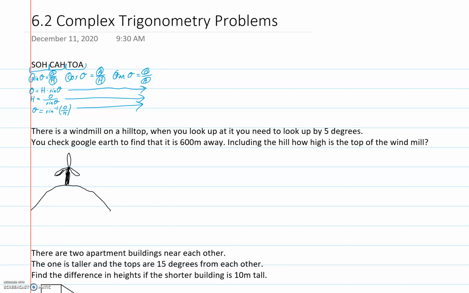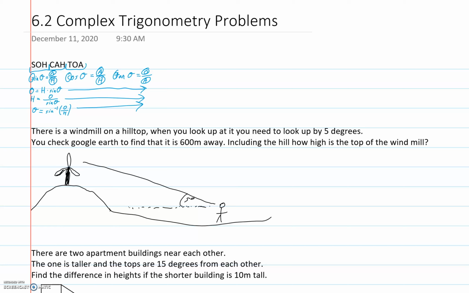When you look up at it, you need to look up by 5 degrees. So maybe there's a little person over here, and they need to look up at it by 5 degrees.